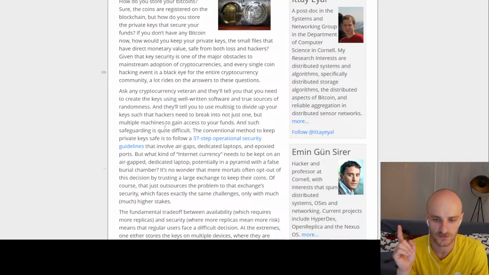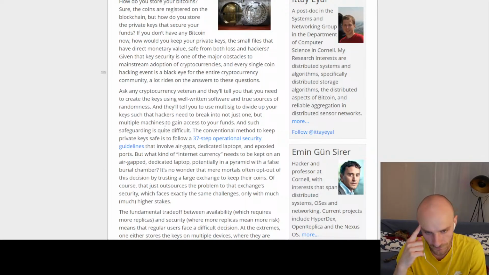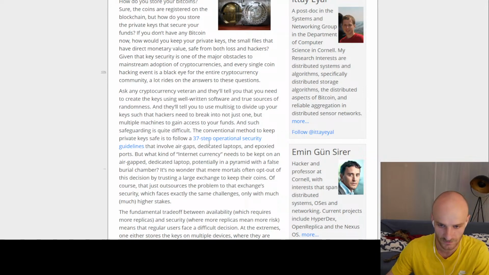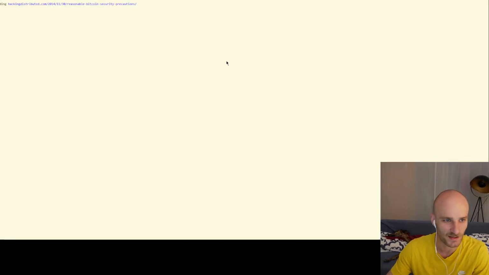And they'll tell you to use multisig to divide up your keys such that hackers need to break into not just one but multiple machines to gain access to your funds. And such safeguarding is quite difficult. The conventional method to keep private keys safe is to follow a 37-step operational security guideline. What? Didn't know about this specific number of steps.